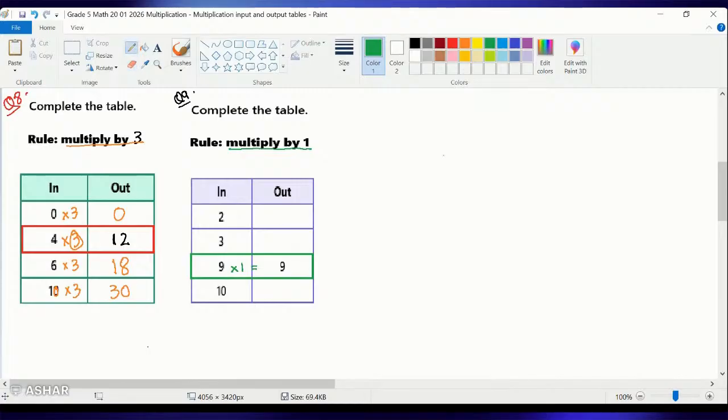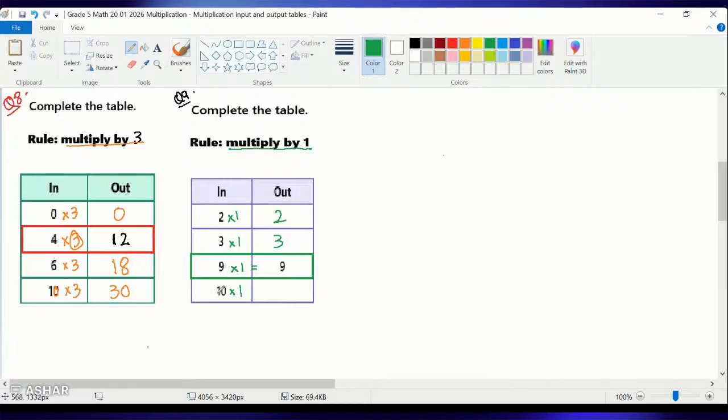So can we say that if one of the input numbers was multiplied by 1, then all the input numbers would be multiplied by 1? Agreed? 2 multiplied by 1 would be 2. 3 multiplied by 1 would be 3.